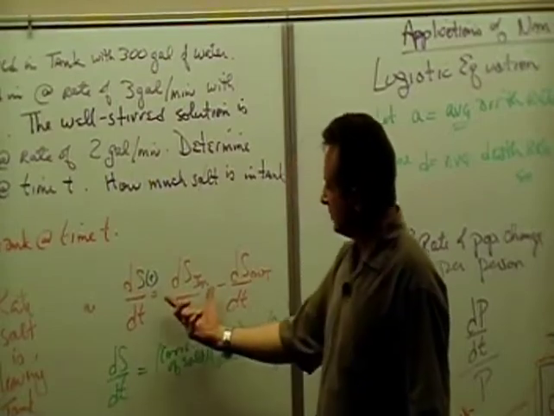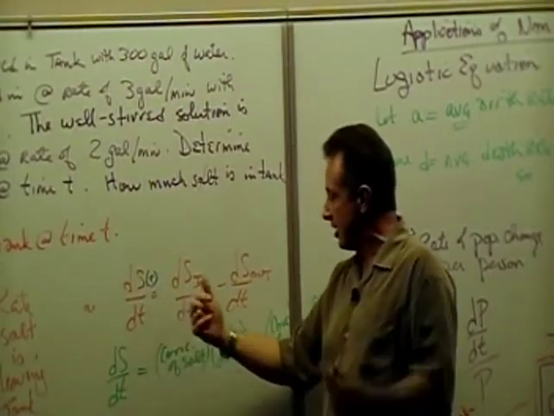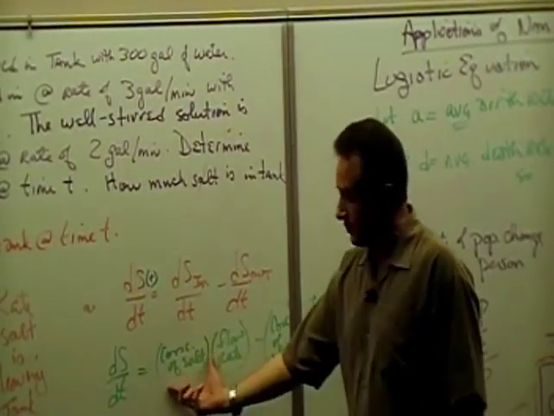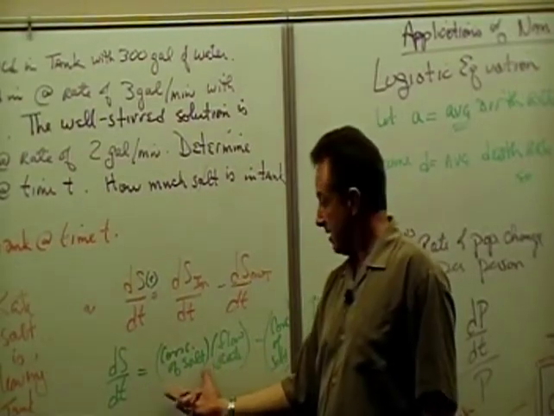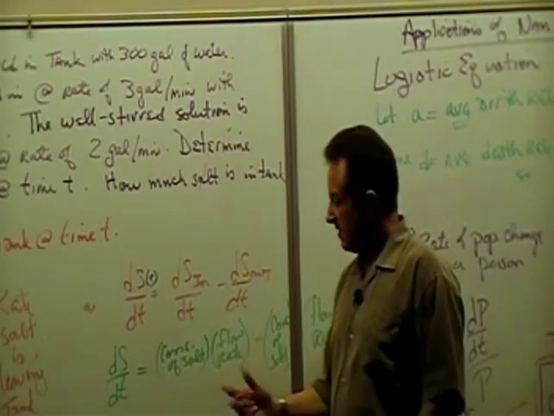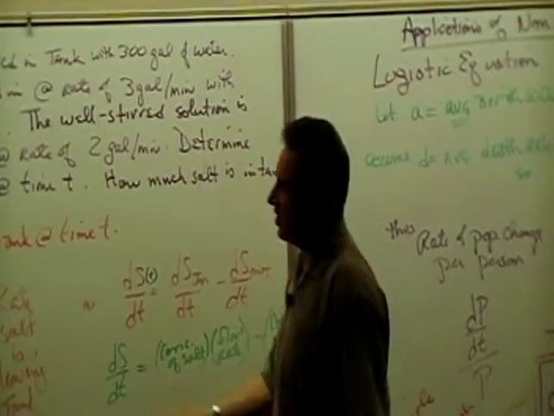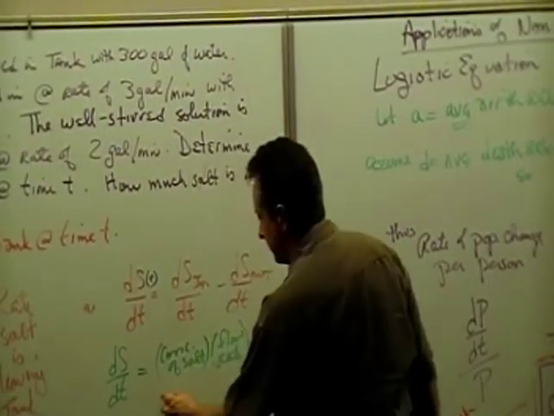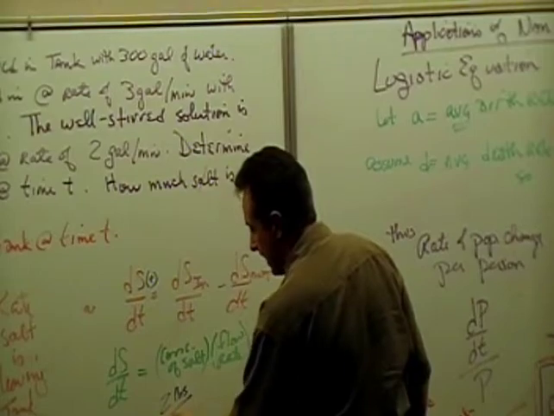Well, let's look. How do we actually find the rate of change of the salt coming in? If you took the concentration of the salt coming in times the flow rate, think about this. What's the concentration of our salt coming in? Isn't it 2 pounds of salt per gallon?